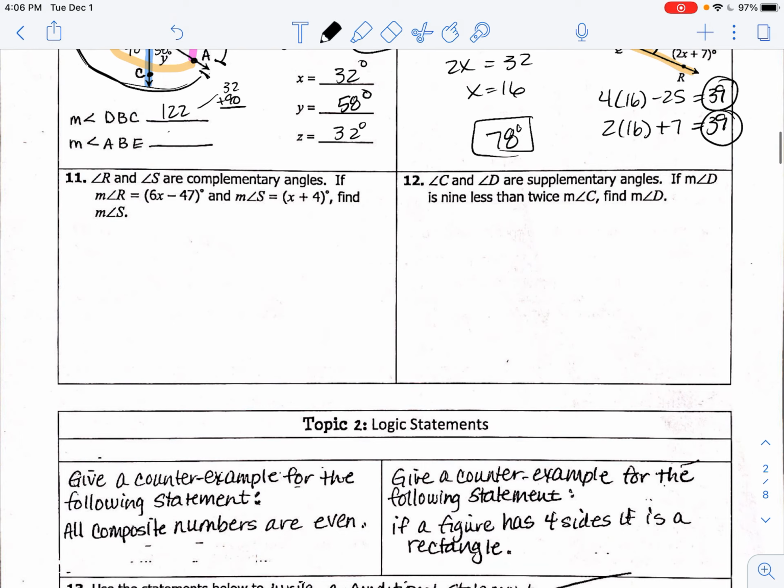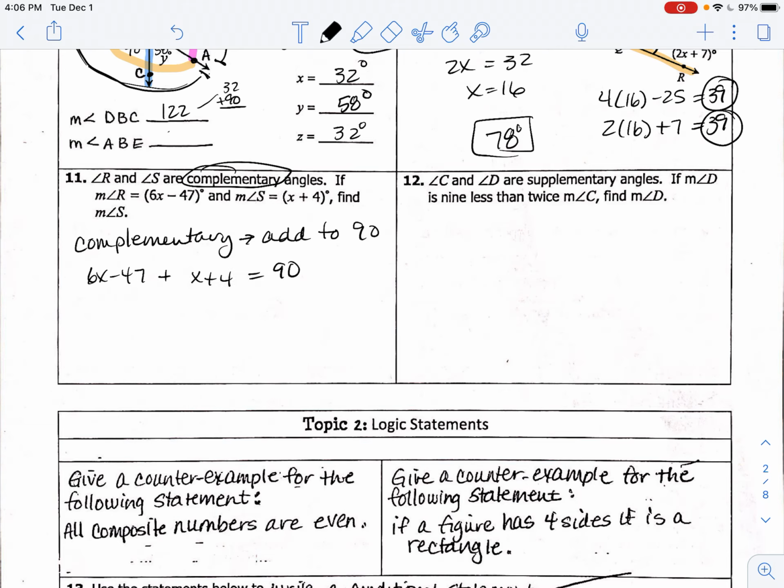Number 11, angles R and S are complementary. Complementary means they add to 90. So measure of angle R is 6x minus 47. S is x plus 4. We know these add to 90.